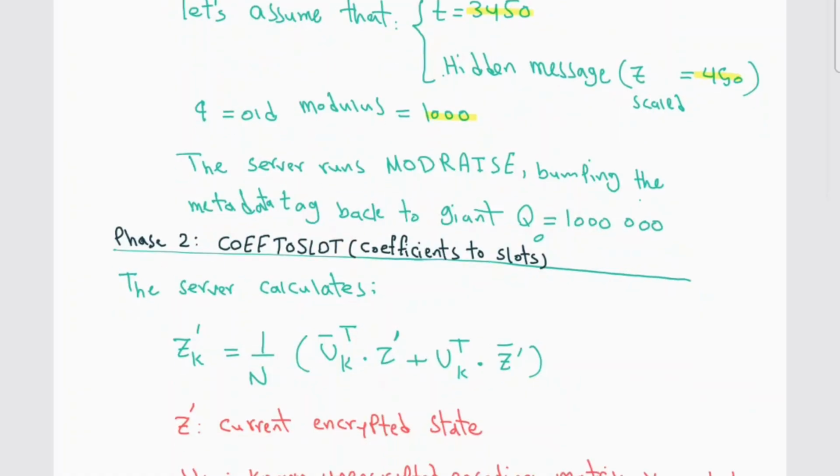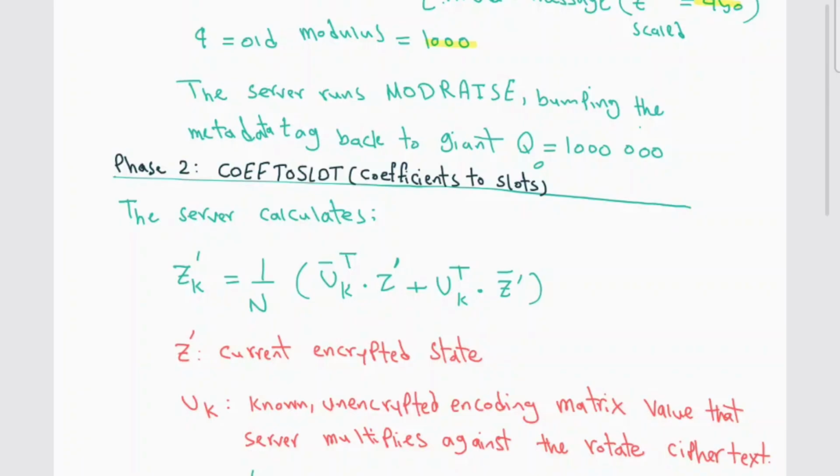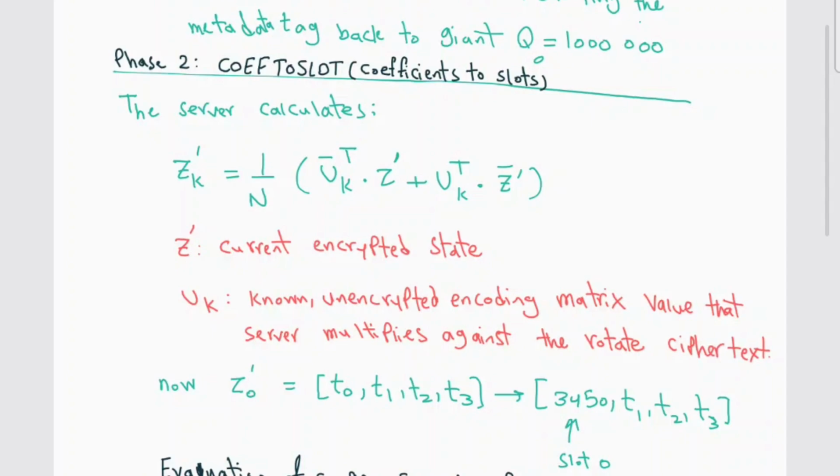Now the server side needs to do phase 2. Phase 2 is coefficient to slots. It's very simple; don't get intimidated by this complex formula. Basically, we take the current encrypted state, and U_k here is the known unencrypted encoding matrix that the server multiplies against the rotated ciphertext.